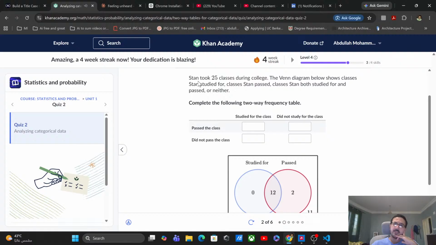Okay, Stan took 25 classes during college. The Venn diagram below shows classes Stan studied for, classes Stan passed, classes Stan both studied for and passed, or neither.